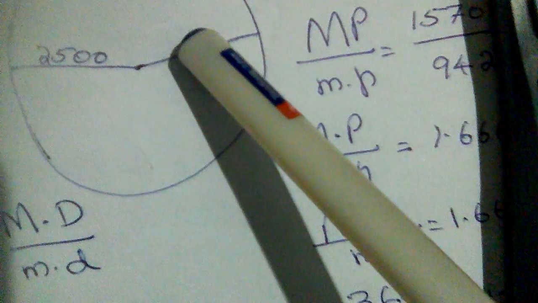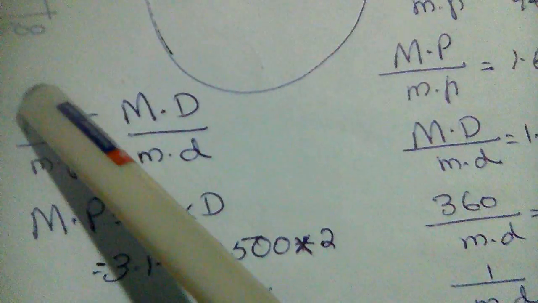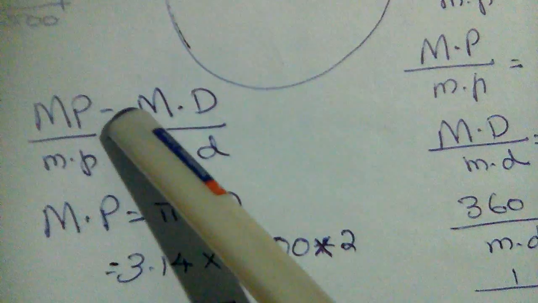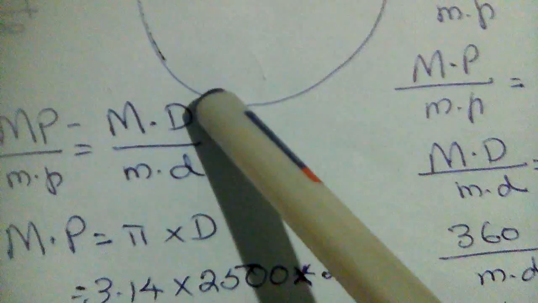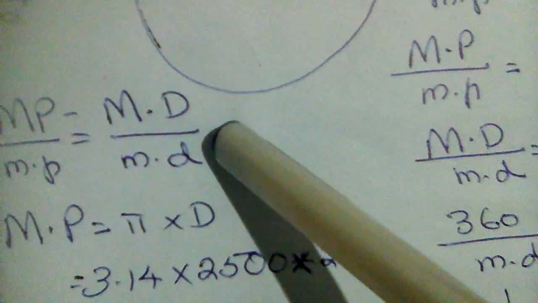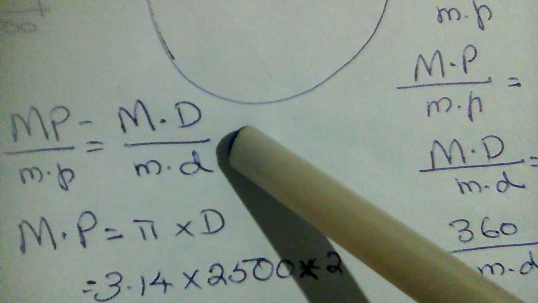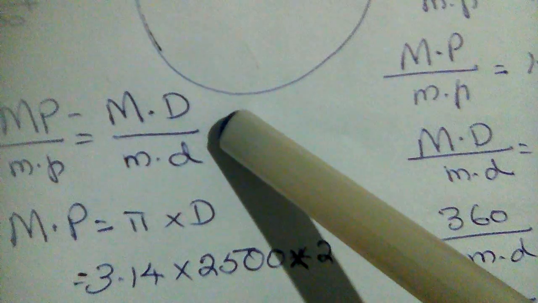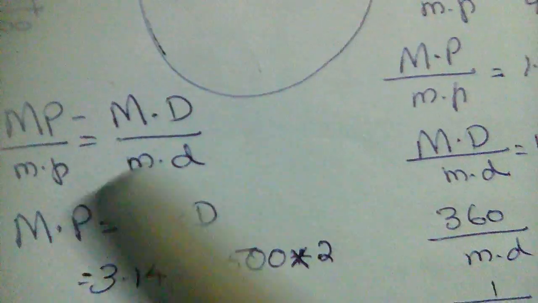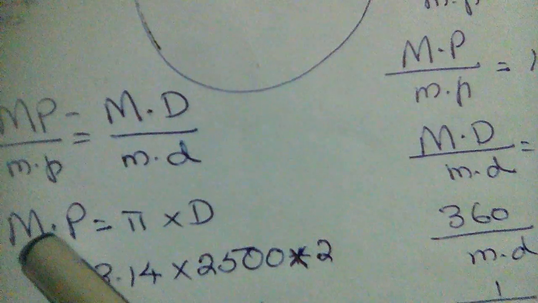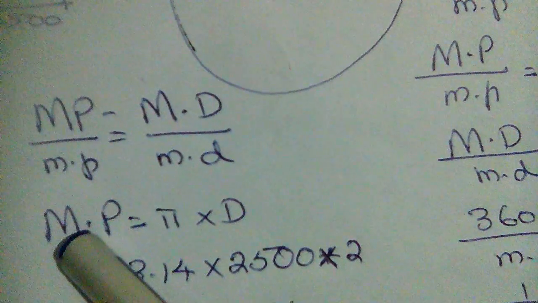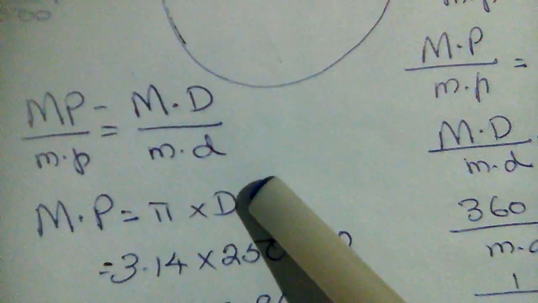For that purpose, as in the last few episodes, we use the formula major perimeter divided by minor perimeter is equal to major degree divided by minor degree. I won't describe it again because I described it in the last episodes. For finding the major perimeter, we use the formula pi into d.